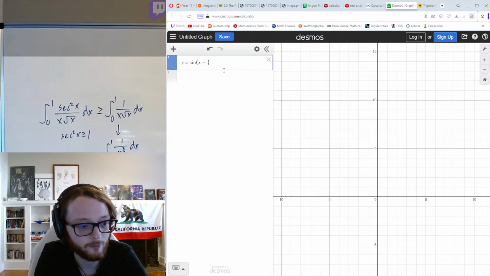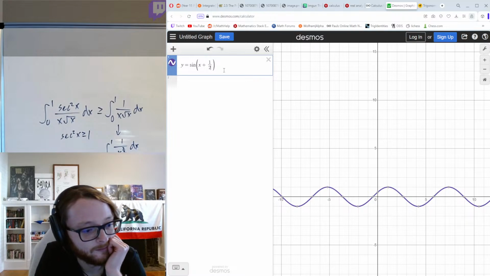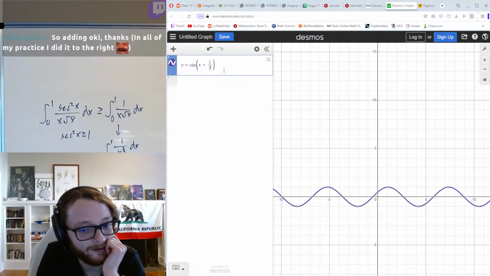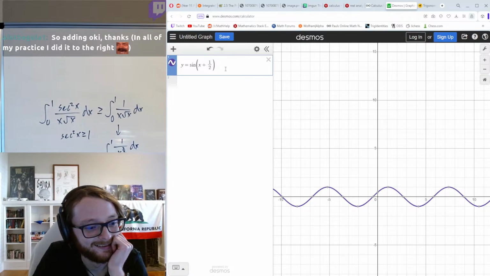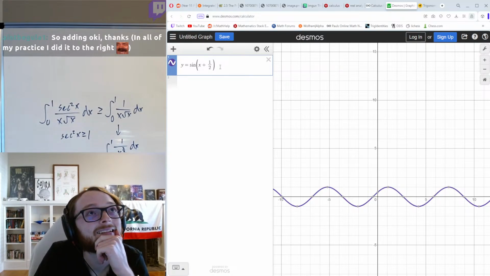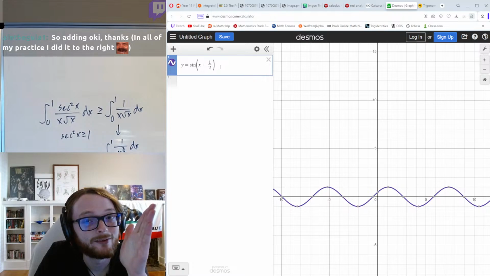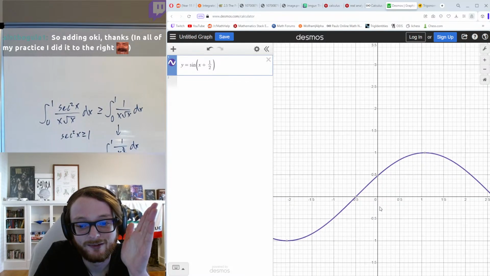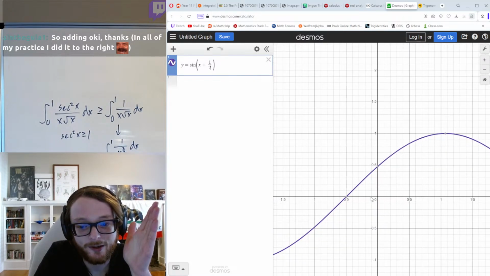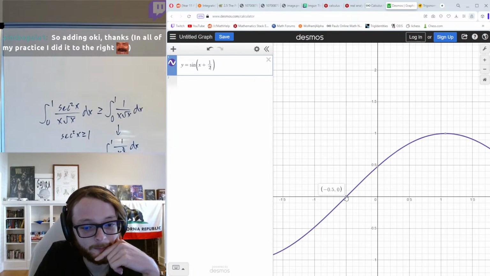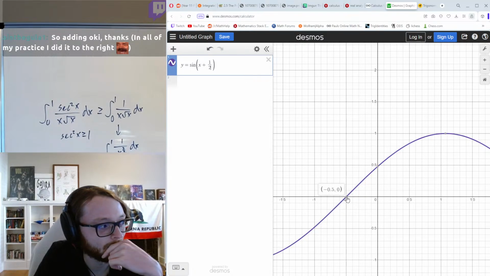I can't do math right now. Adding? You shift it to the left. Basically, the 0 that was right here is now to the left by 1/2.